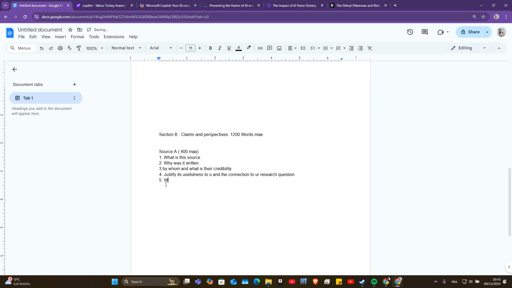5, what are the main claims made by this research or article? 6, what is the methodology used by the author to make such claims? 7, what are the limitations of this source?